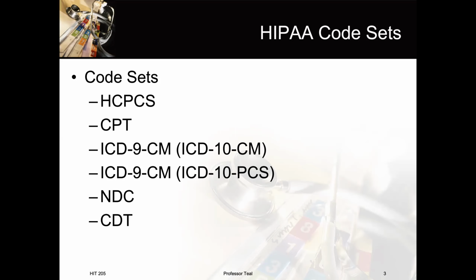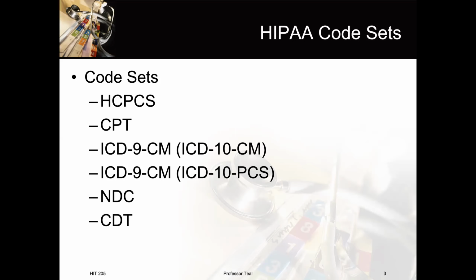Next, we have the International Classification of Diseases, 10th Revision Procedure Coding System, or ICD-10-PCS, which is used to report procedures for inpatient hospital services. ICD-10-PCS replaced Volume 3 of ICD-9-CM.